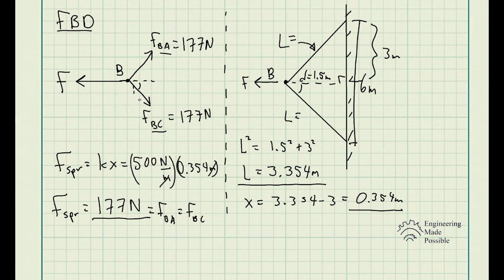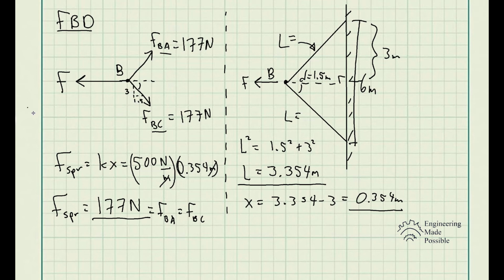I'm just drawing the triangle here. This one is 3 meters, and D is 1.5 meters. And this is the slope here, which is the length of the spring. The reason I'm doing this is that instead of solving for the angle with sine and cosine, you're able to use the similar triangle concept.